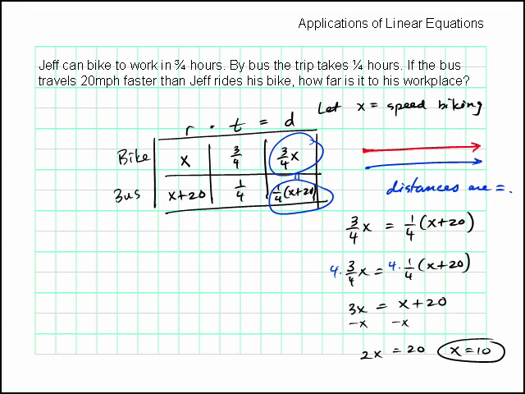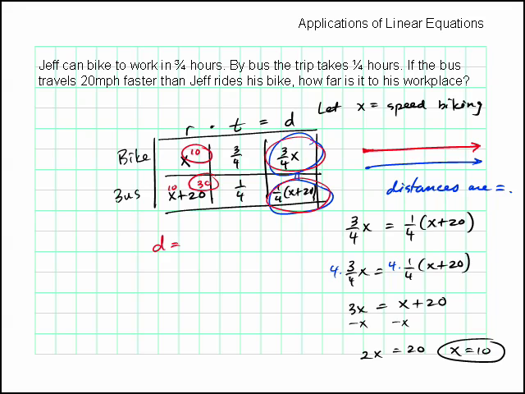Now, that's not actually what the problem asked for. The problem asked how far it is to his workplace, so I'm not quite done yet. I need to go back up here. This is 10, and this is a 10. That means that he bikes at the rate of 10 miles per hour. The bus then goes 30 miles per hour, 10 plus 20. I could use either one of these to get the distance to work. I'll use the top one, it's easier.